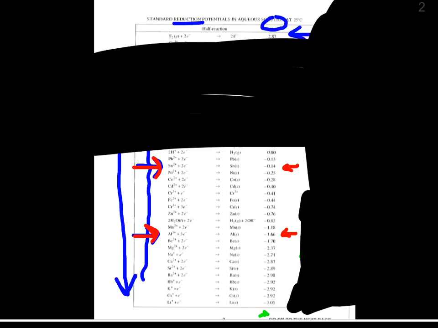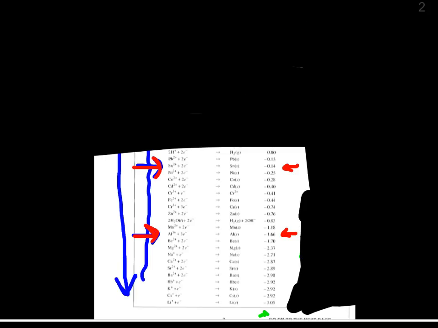So I know that according to what I was doing, aluminum is going to be oxidized. So back to this, aluminum is going to go to Al plus 3 plus 3 electrons.